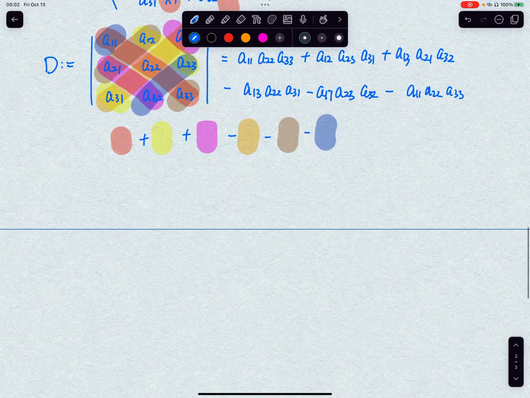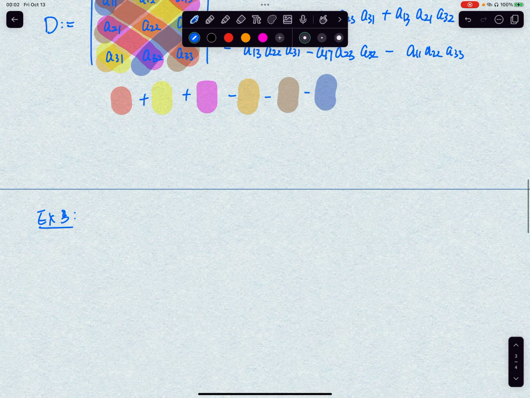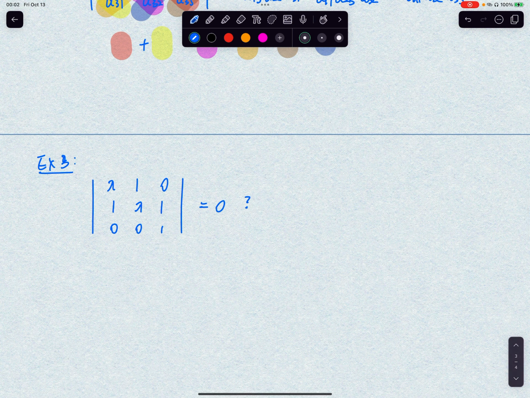Okay, so let us do an exercise, exercise 3. We now determine the value of lambda such that the determinant with rows lambda, 1, 0; 1, lambda, 1; and 0, 0, 1 does not vanish. So we apply the algorithm for calculating such a 3 by 3 determinant.